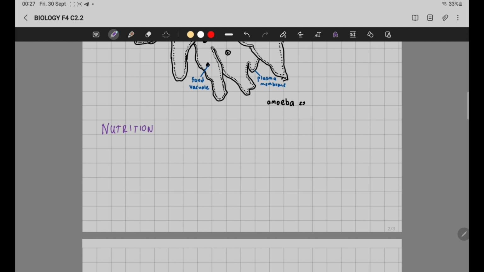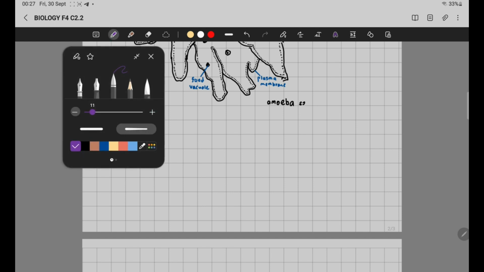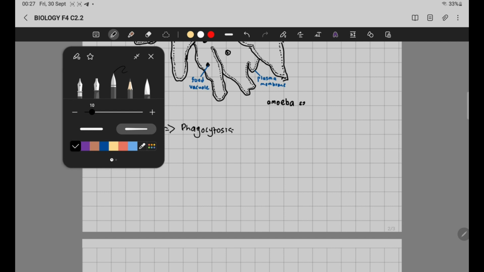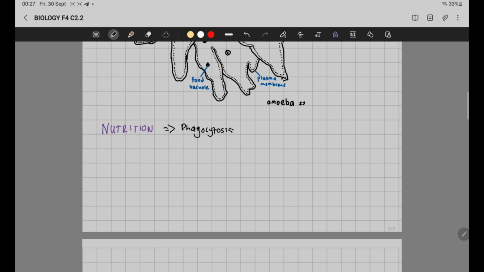Nutrition in amoeba occurs through the process of phagocytosis. How does phagocytosis occur? It happens when the amoeba finds its food.